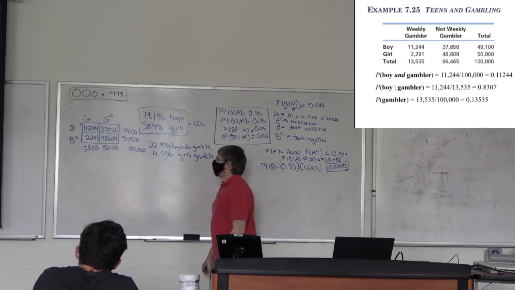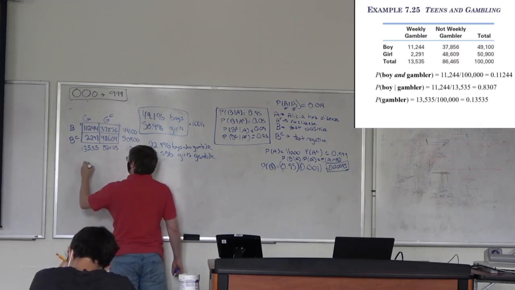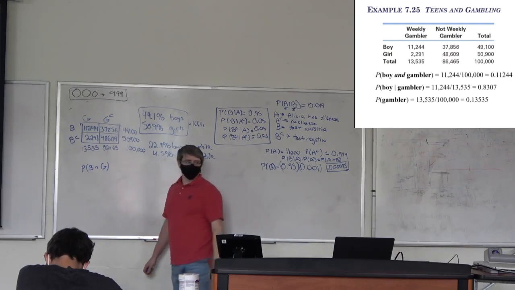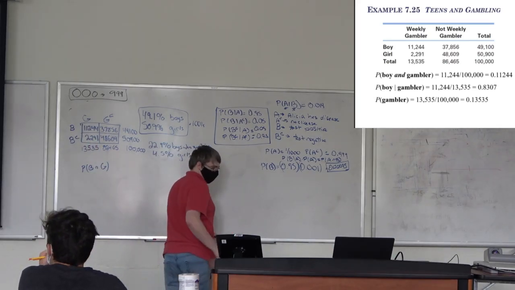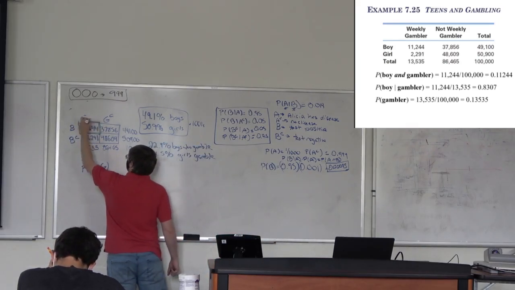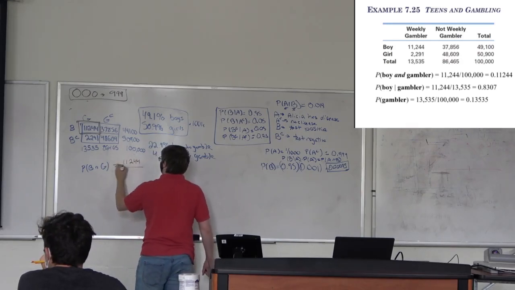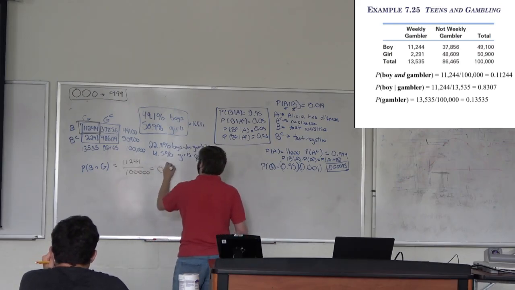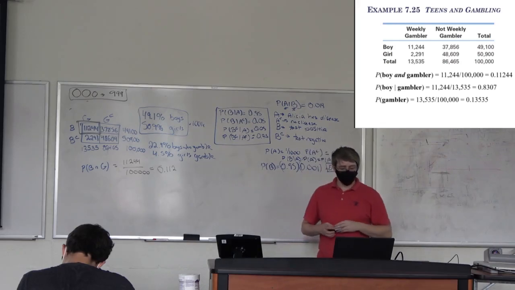But what we can do is say, well, what's the probability of a boy and gambler out of these 100,000? And all we would have to do is take this number right here, this 11,244, and divide it by 100,000, which just becomes 0.112, and you're good to go from there.